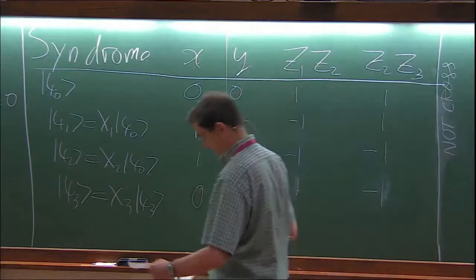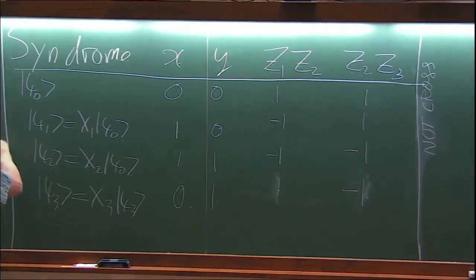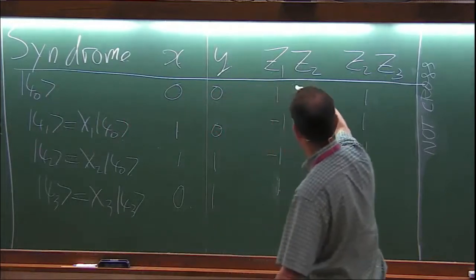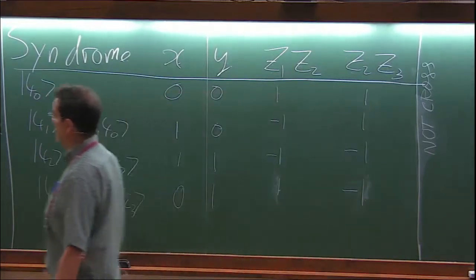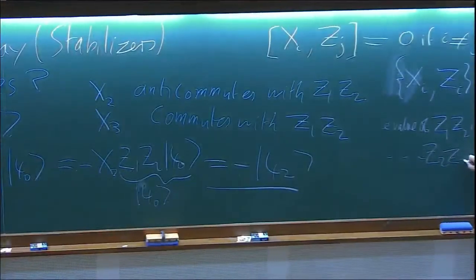You see that the eigenvalue of Z1Z2 is (-1) to the X. Just look at those 4 possibilities. And similarly, the eigenvalue of Z2Z3 is (-1) to the Y.